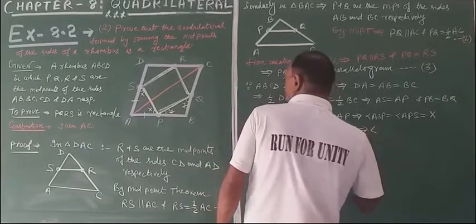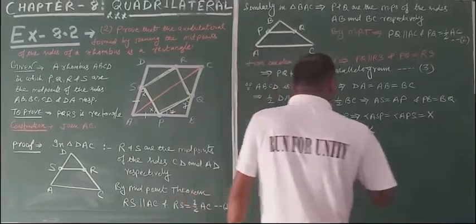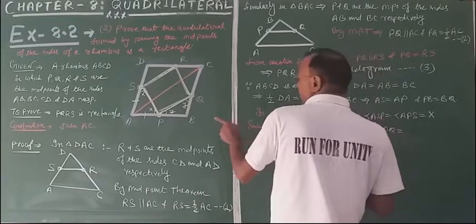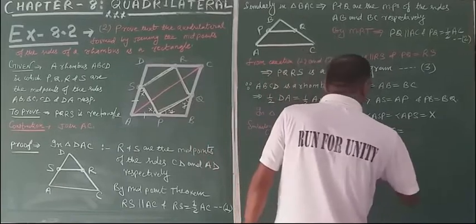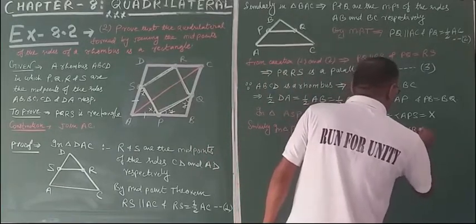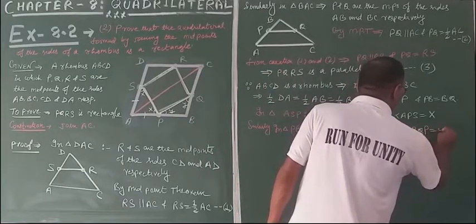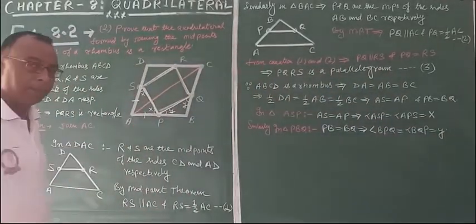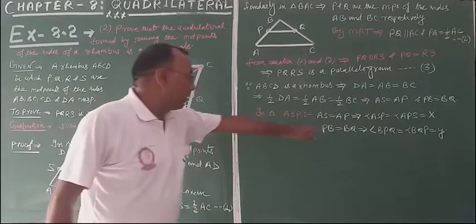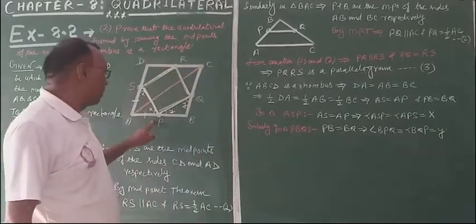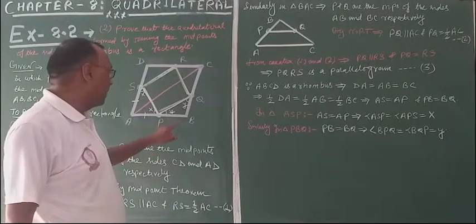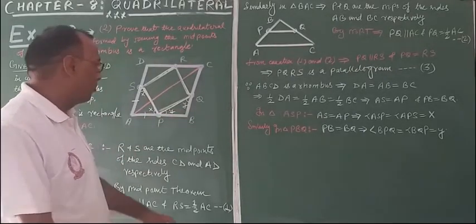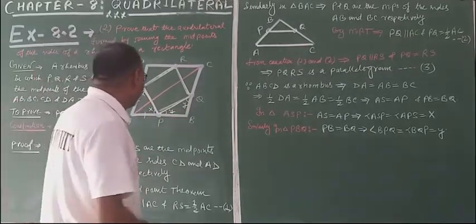Therefore, angle BPQ is equal to angle BQP, and let that be y. The angles ASP and APS will be equal, let them be x, and angles BPQ and BQP will be equal, let them be y.